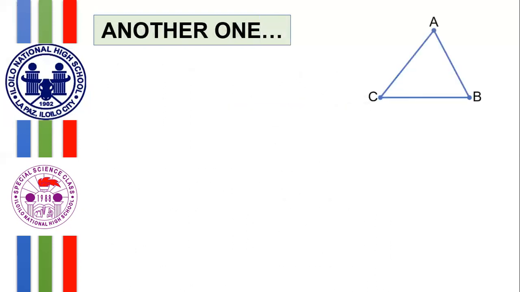And how about if I give you another example? Supposing I have here this triangle with vertices A, B, and C. What do you think is the name of this triangle?